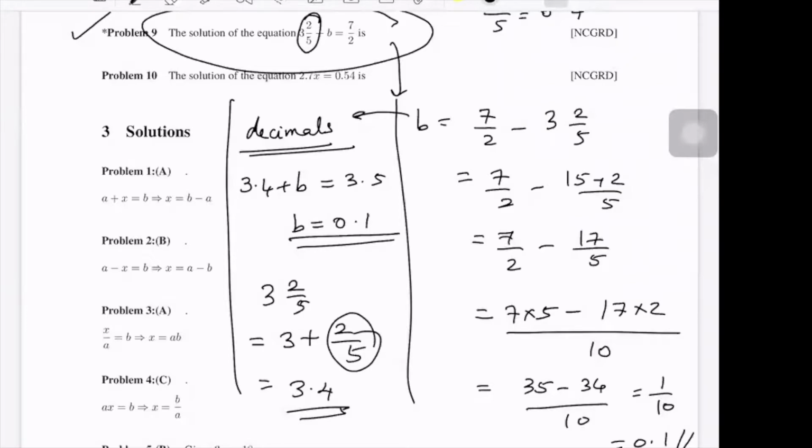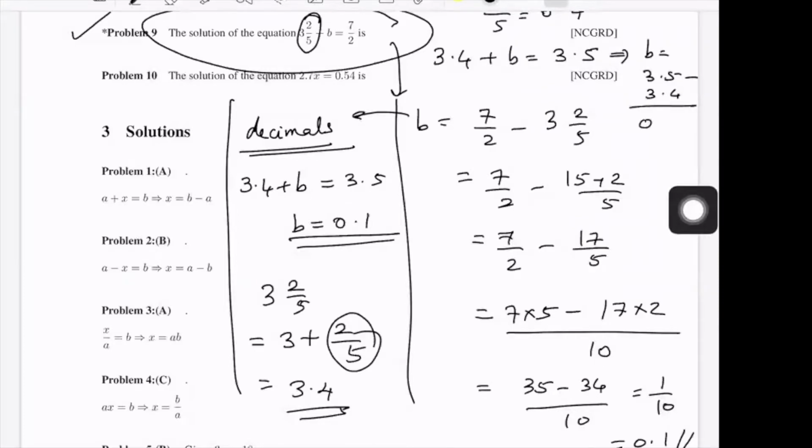Is that all right? So we have 3.4 plus b is equal to 3.5. So your b is nothing but 3.5 minus 3.4, which is 0.1.